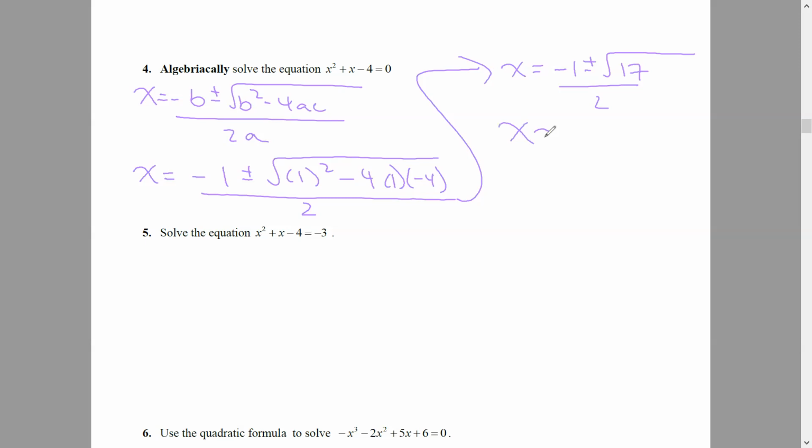But if I asked you to round this, you would put in the 2 values. I've also got a fraction button on my calculator, which makes this a heck of a lot easier to do. So the first one is approximately 1.56. And the second one's going to be negative.